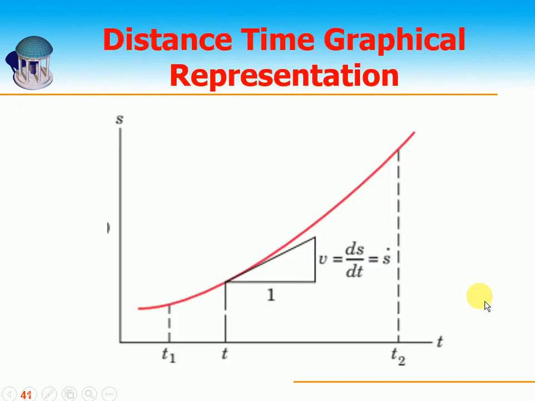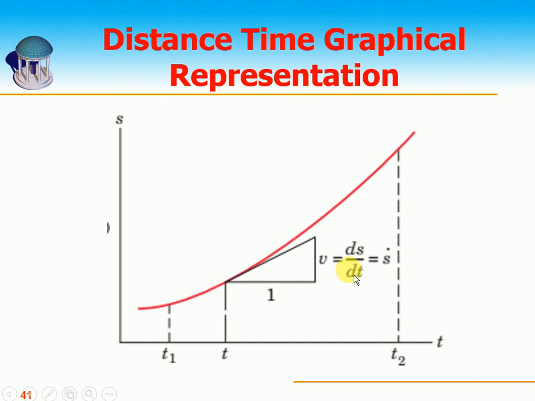Now the next important thing is the graphical representation of different relationships between s and t. Of course this is S and this is T, the graph between S and T. For example, this is the graph, right? If you find the slope at any point of the distance time graph, this is basically ds and this is basically dt. We get velocity.